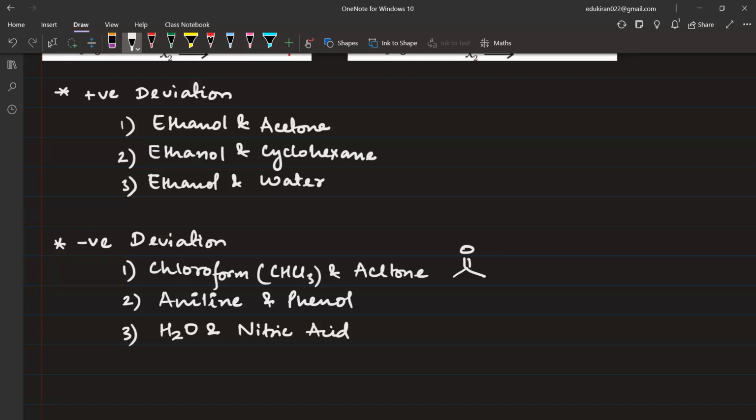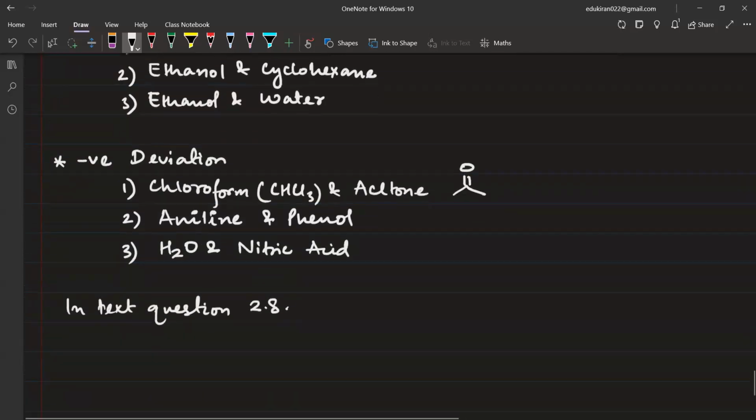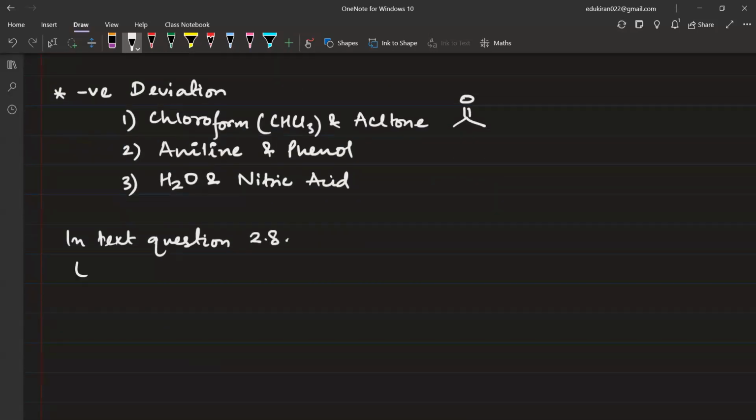Again, take some homework. In-text question 2.8. This is important. I think it has been asked many times in the board examination.